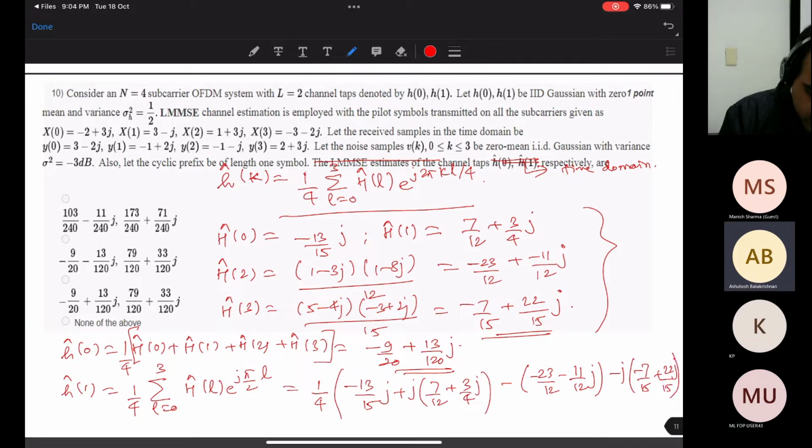Okay, so this is what we have, and this comes out to be 79 by 120 plus 33 by 120j. So this is what we have. So this is answer C. Okay.